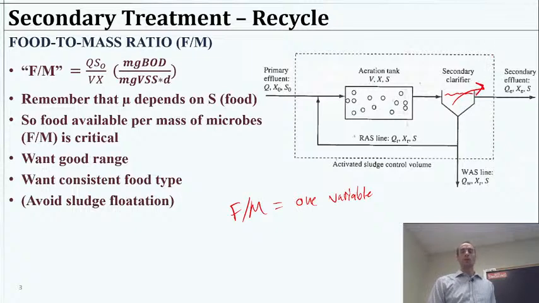Right? I think we talked about that before, but basically just don't ever want that. So part of controlling the food to mass ratio is just to ensure we are consistently getting the same types of microbes in approximately the same amount, so we have the same treatment and a consistent treatment with an effective clarifier. So all of those are quite important there.